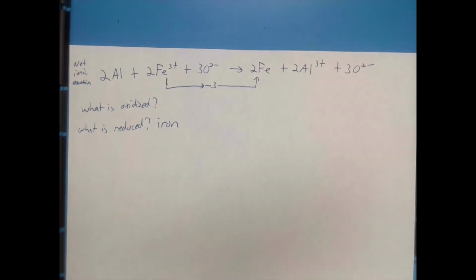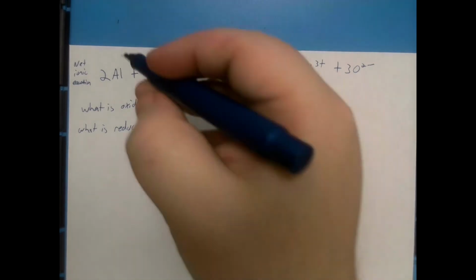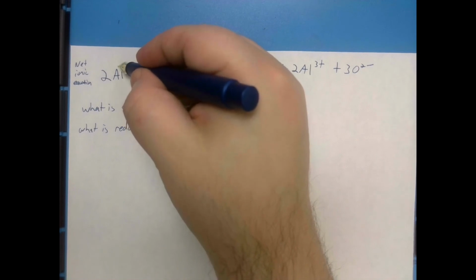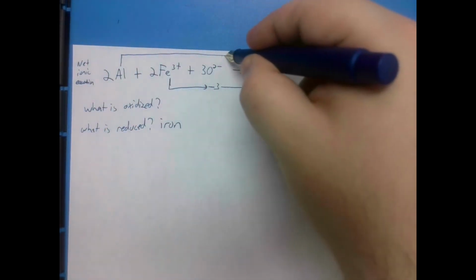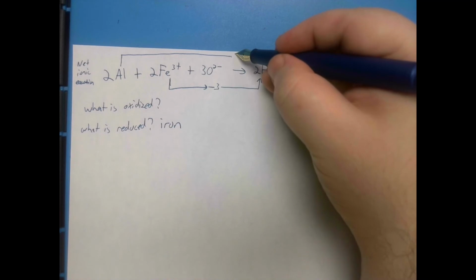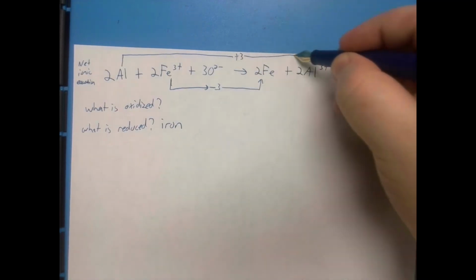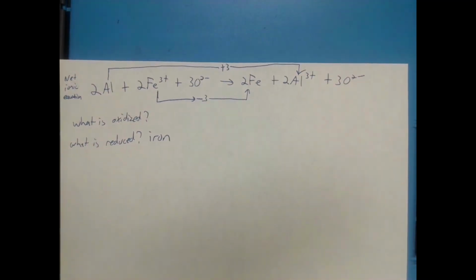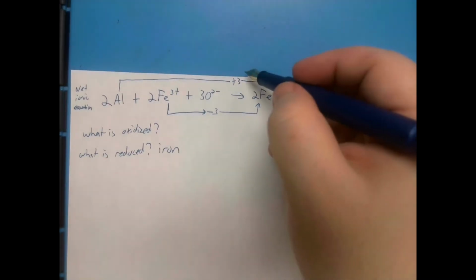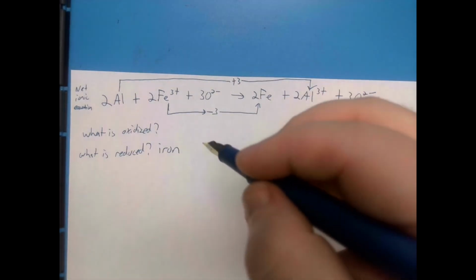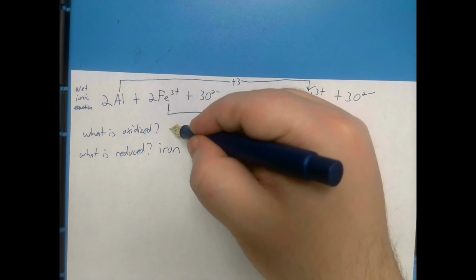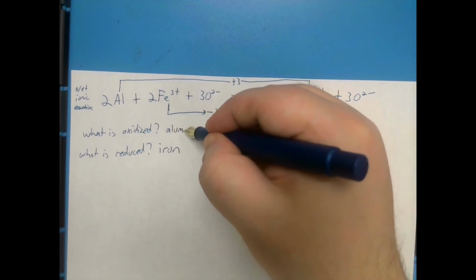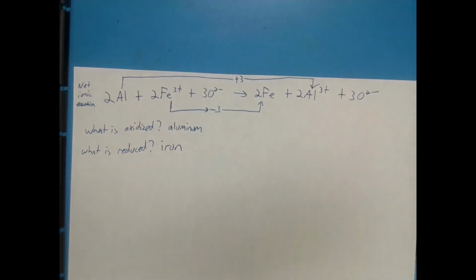It's being reduced. What is being oxidized? Aluminum is going from 0 to 3 plus. So it's increasing an oxidation number, or it's losing 3 electrons. So aluminum is being oxidized.